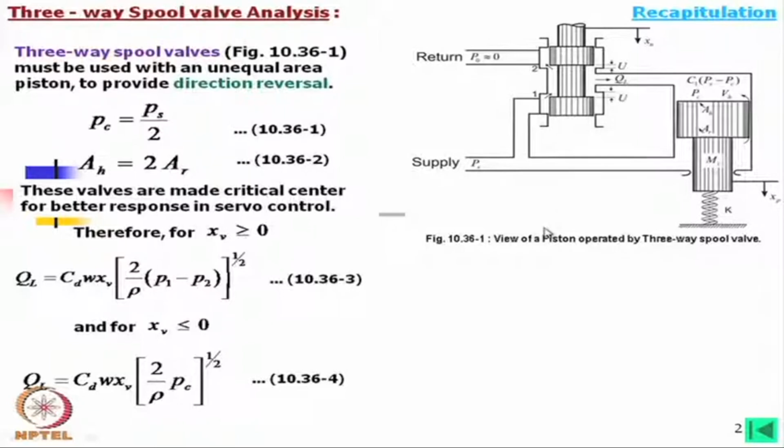As I have told, but sometimes, instead of this continuous groove, we may have a rectangular hole. Then the length of this hole along the spool sleeve is equal to this height of the spool length for critical center.